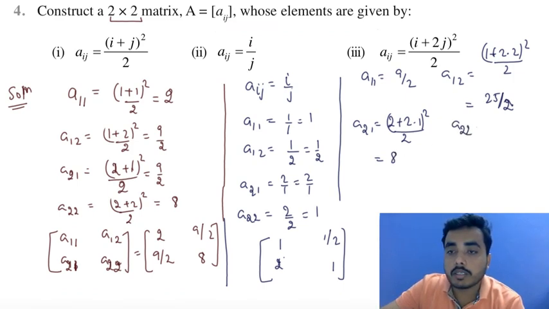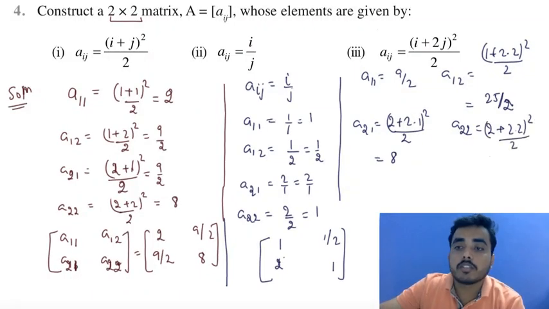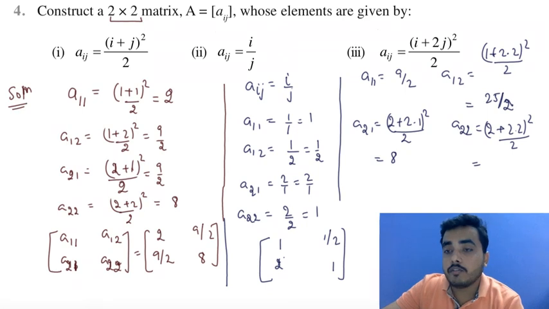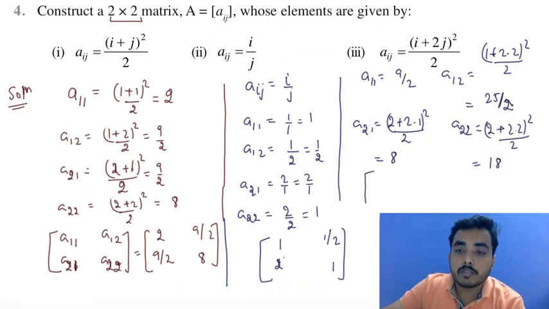A22 is 2 plus 2 into 2 square upon 2. So this is 4 plus 2, 6 square by 2 is 18. So the elements of this matrix are 9 by 2, 25 by 2, 8 and 18. So with this our question number 4 completes.